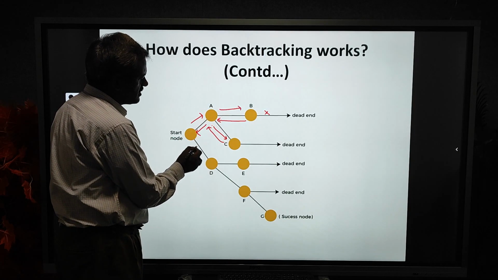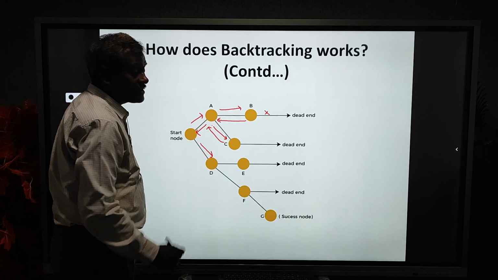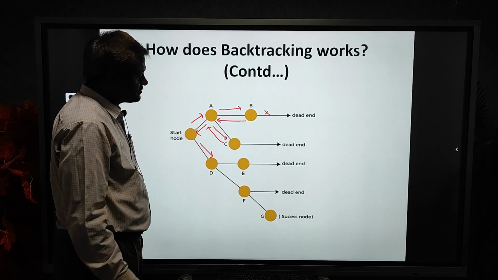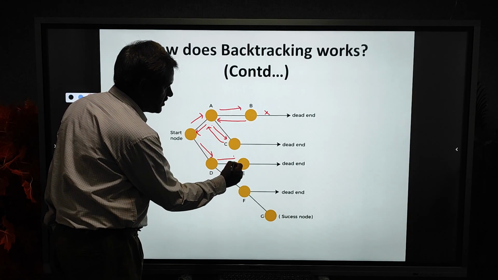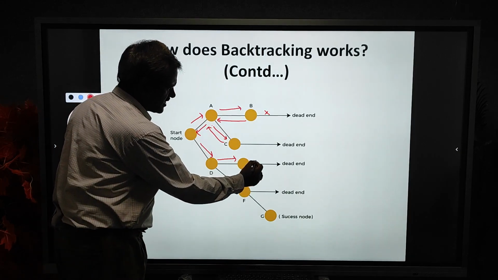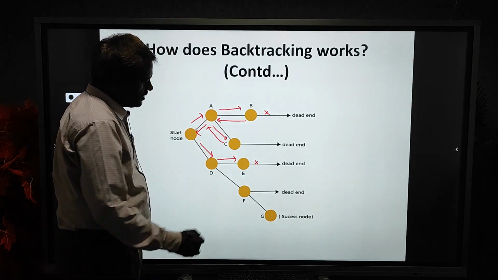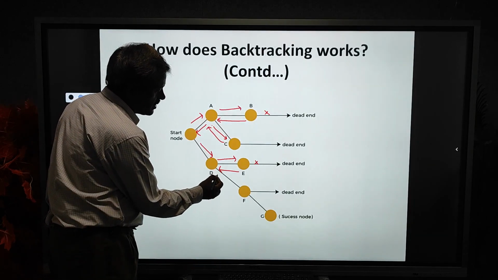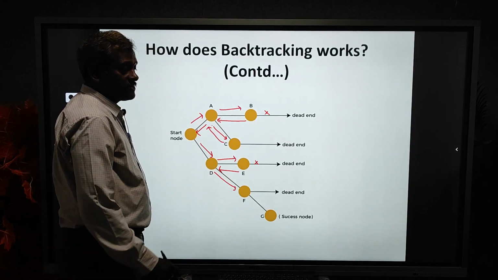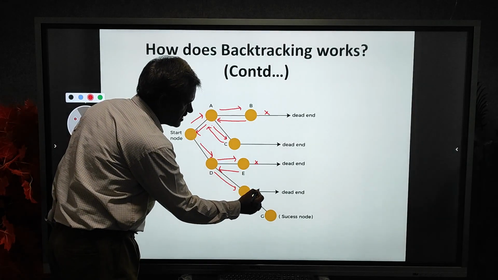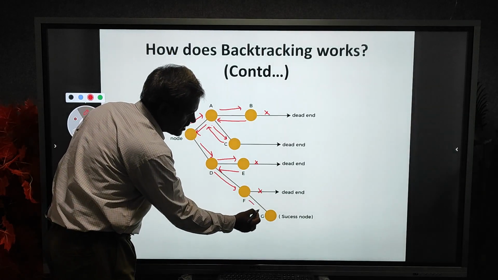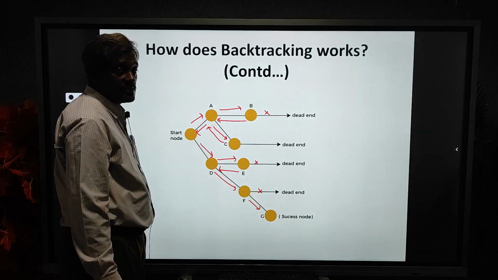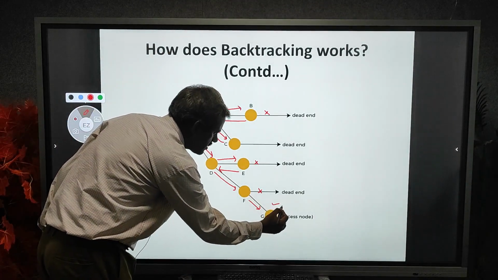Now I am tracing back to another direction, which is D. From D to E, here it is not a feasible solution. Now I am tracing back from E to D again. Now again D to F. Now this is the dead end, so I am moving back to the other direction, that is G. Now here I got it.